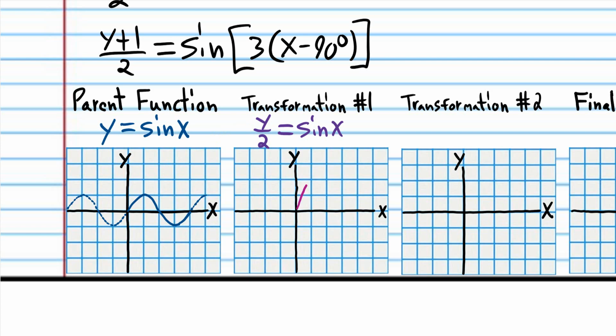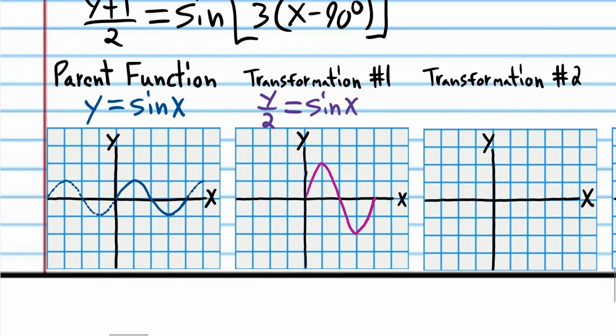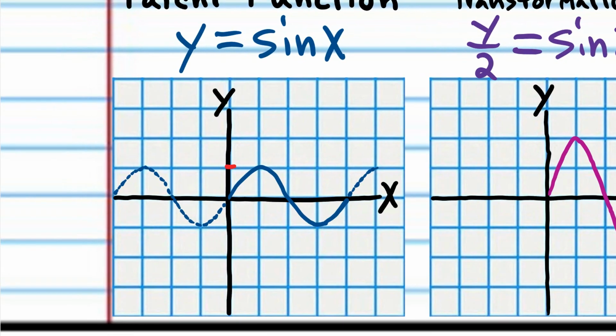So now we're going to get this graph. So it changes the amplitude. The amplitude was 1. And by the way, I should clarify that in the vertical direction, the boxes are always going to represent 1 unit.